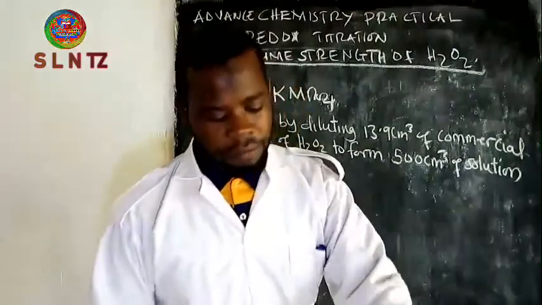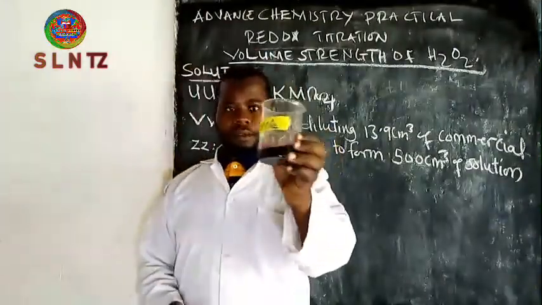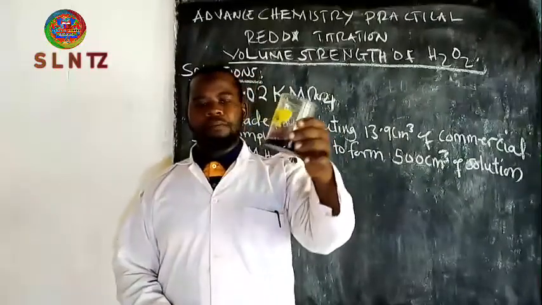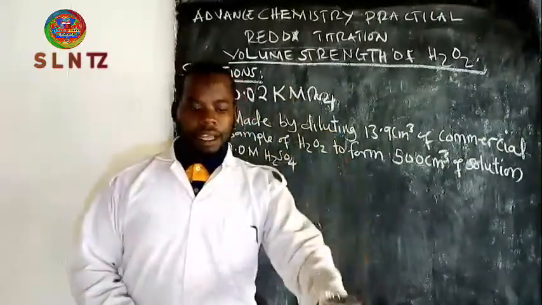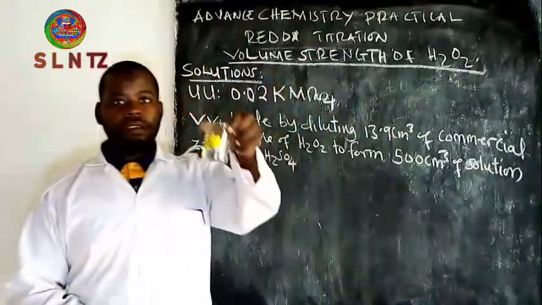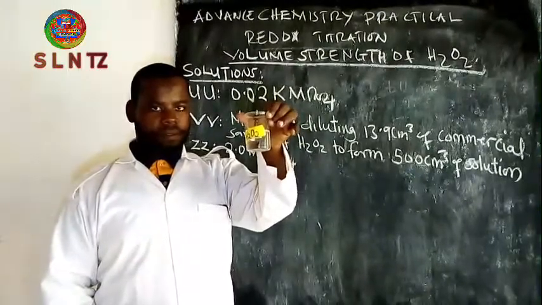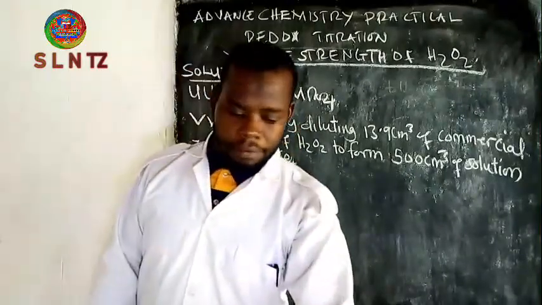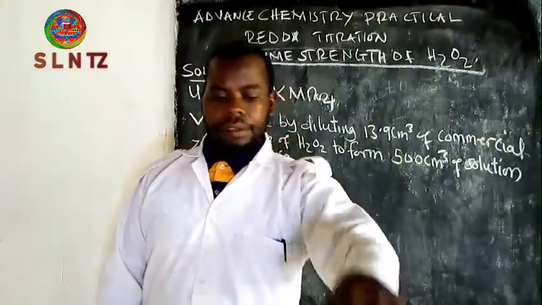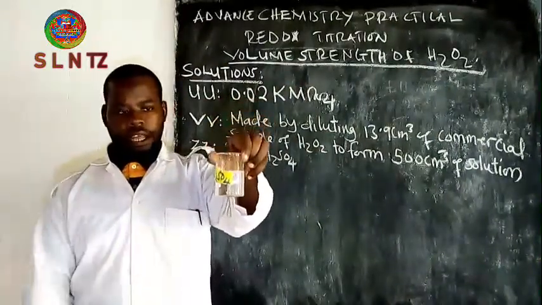We have potassium permanganate, which is pink in color, and we have hydrogen peroxide, and also sulfuric acid as written there.